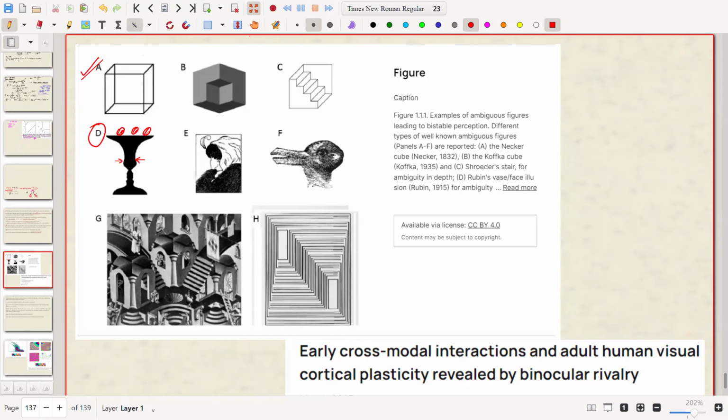Is it clear enough? Yes. So illusion is one of the topics. Why illusion occurs is multistability, because there are multiple states your eyes are trying to reach. That is a great example of multistability in visual perception. Your eyes first thought it was a vase because I told you so.